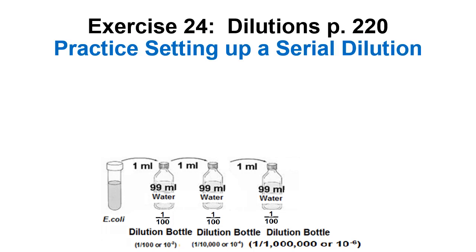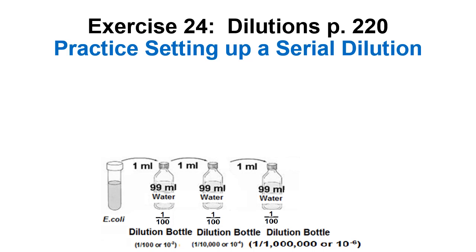Next, page 220. Practice setting up a serial dilution. So again, it's a series of bottles. Here you can see we have 3 bottles, each of which is 1 over 100. Remember, each of which is 1 over 100 because it's the volume added, 1 mil, pipetted, divided by the total. 1 plus 99 is 100.